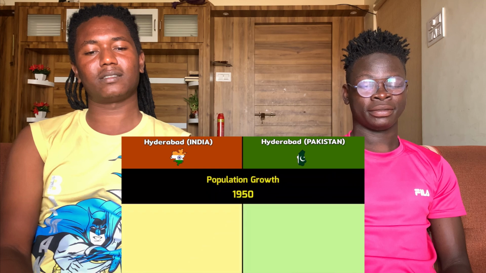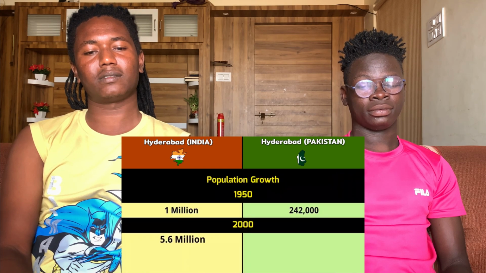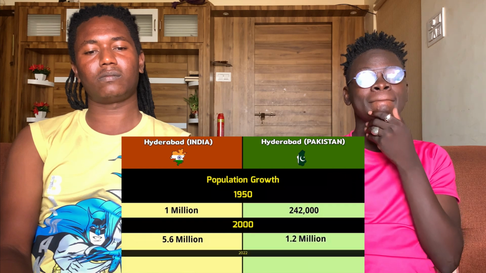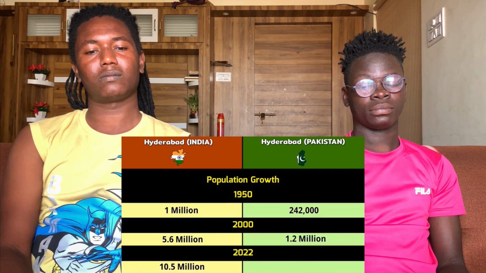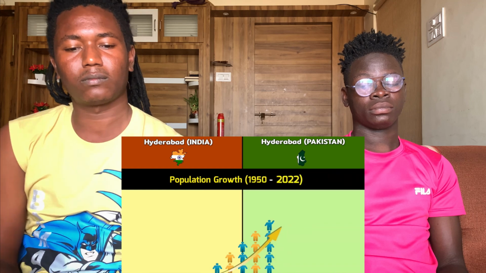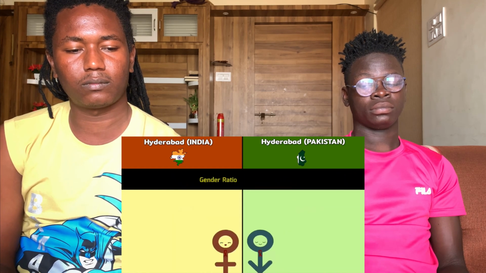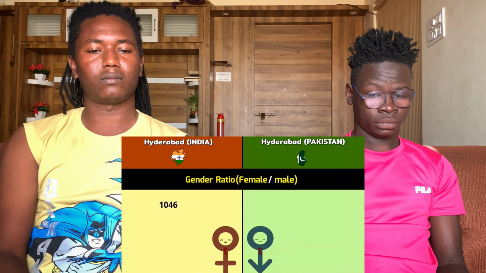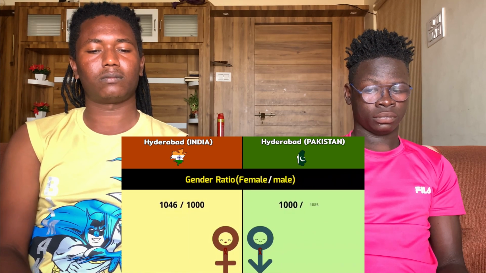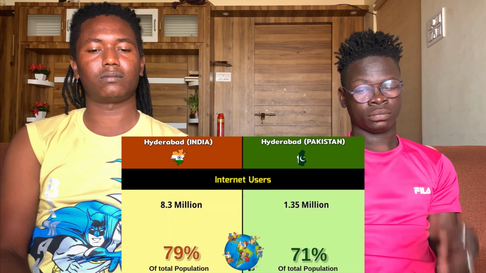Population growth: 1950, 1,242,000; 2000, 5.6 million, 1.2 million; 2022, 10.5 million, 1.9 million. Population growth between 1950 and 2022: 950%, 685%. Gender ratio, females per male: 1,046 per 1,000, 1,000 per 1,085. Internet users 1.35 million, 8.3 million.